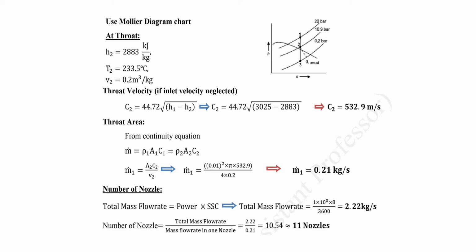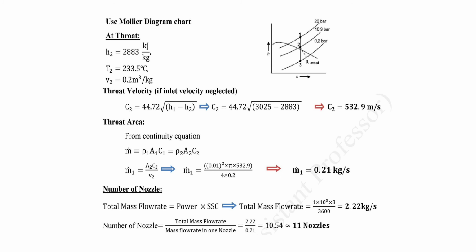The total mass flow rate is equal to power multiplied by the steam consumption. The number of nozzles is obtained from the total mass flow rate divided by the mass flow rate in one nozzle.